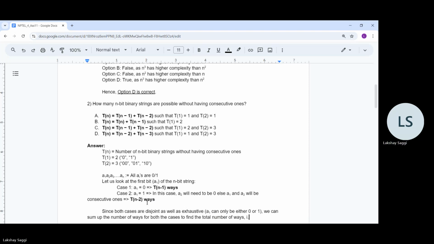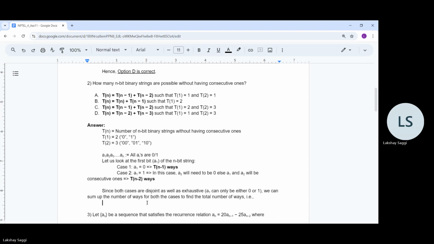So T of n will just be equal to, in the first case when a1 is 0, T of n minus 1, and in second case, T of n minus 2. And so this recursive relation is T of n is T of n minus 1 plus T of n minus 2.